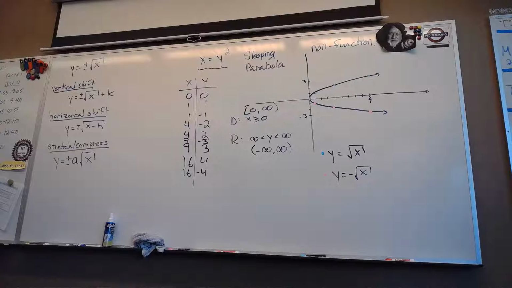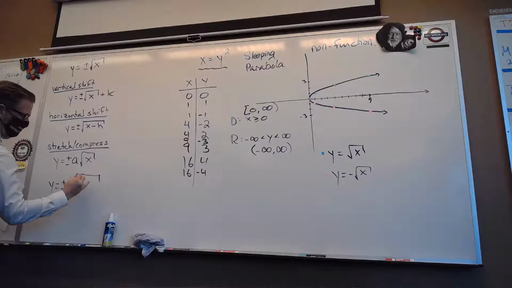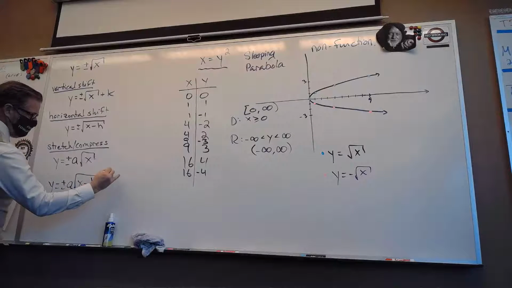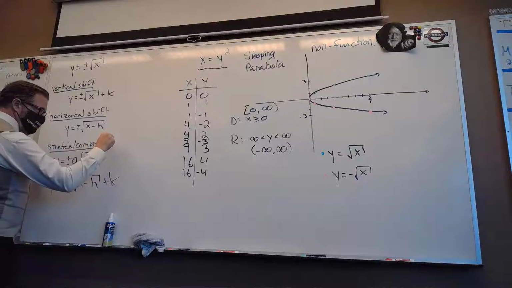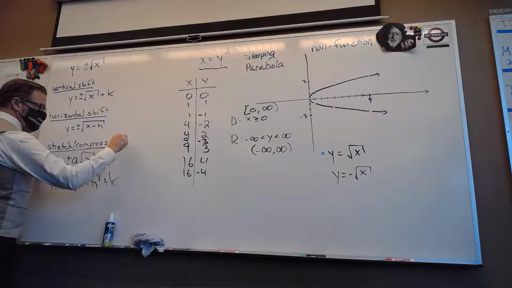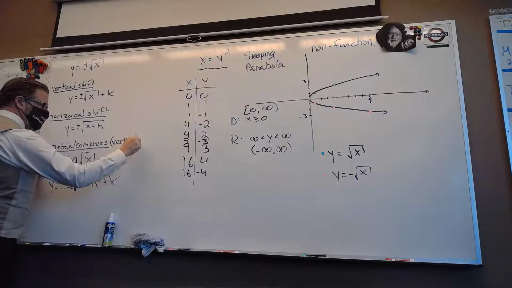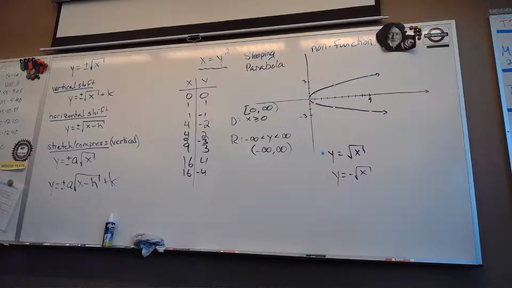All right, let's put them all together. Y equals plus or minus a square root x minus h plus k. I'm going to make a note here because something weird is about to happen. As this is a vertical stretch, agreed?